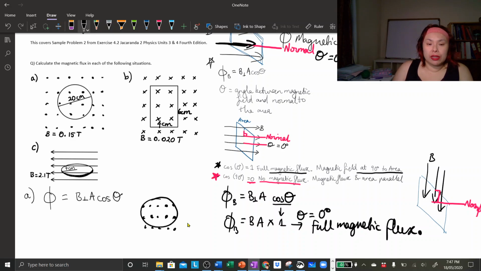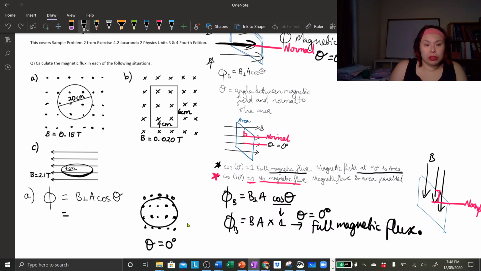As a result of that, the magnetic field and the circle, the area, are at 90 degrees to each other. And if we know it's 90 degrees to each other, we know that the angle theta is 0 degrees, because the normal to the area will also be coming out of the page or into the page, and that's going to be parallel to the magnetic field.